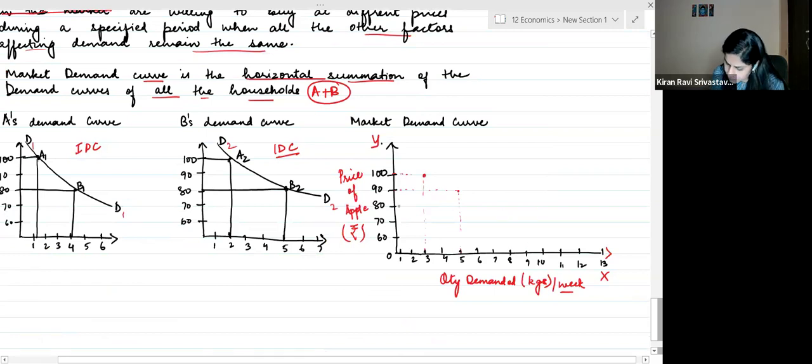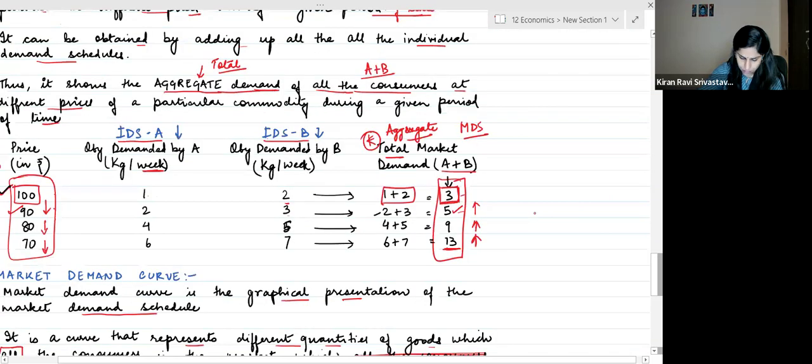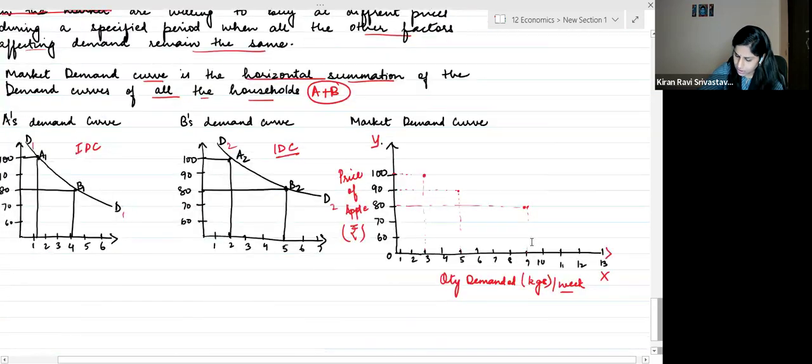This is 80 and 9. The last one is 70. At 70, 13 is the quantity demanded, 13 kgs. So 70 is here and 13 is here.